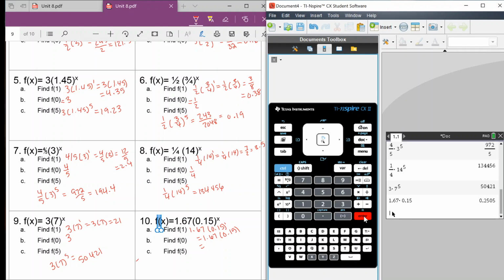Okay, so we get to 2 decimal places 0.25. And then remember, anything where we plug in 0 in for x, we're going to get the y-intercept. So for this one, we're going to get 1.67.